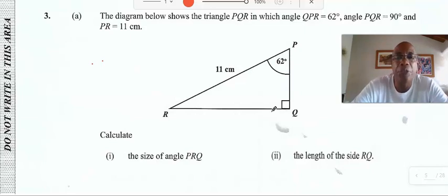So it is 180 minus, and you put it in bracket because you're subtracting the sum of 62 plus 90.